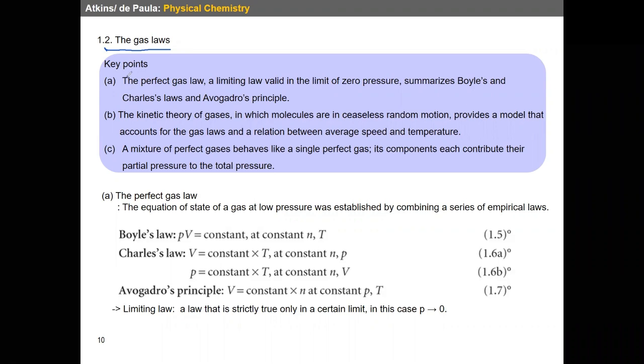The gas law, the perfect gas law. There is a limiting law valid in the limit of zero pressure, and this summarizes Boyle's and Charles's law and Avogadro's principle. The keyword of this sentence is Boyle's and Charles's law. Maybe you are already quite familiar with it. And also we will talk about Avogadro's principle.